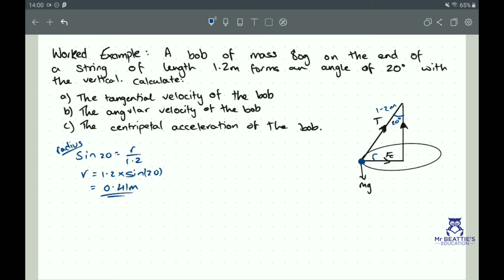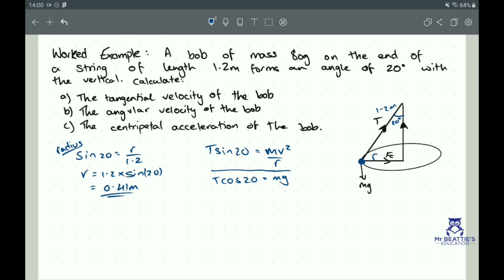Okay, so to work out the tangential velocity, now that you have the radius, we're going to be using the two equations, 1 and 2, that we worked out, and dividing them to work out our tan equation. We're going to end up with T sine 20 equals mv squared over r, because it's that v you're trying to work out, divided by T cos 20 equals mg.